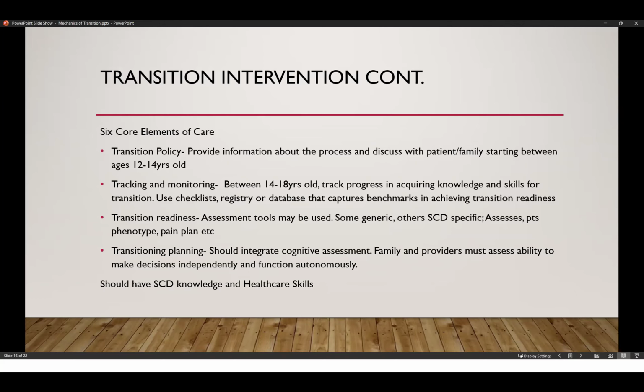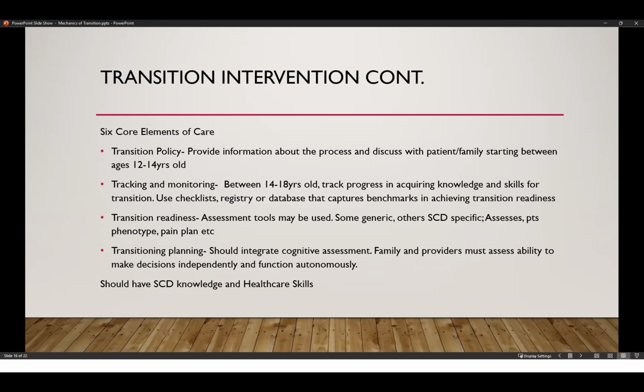And then transition readiness, as mentioned, these assessment tools are used, and it could be a sickle cell disease specific assessment tool, or it could be other generic ones, but you are assessing whether the patient understands their phenotype, their pain plan, and emergency care. So all these things play into you planning well for the patient's transition.